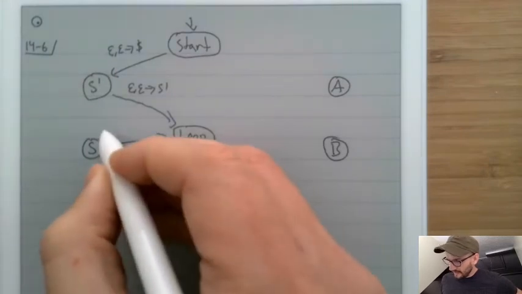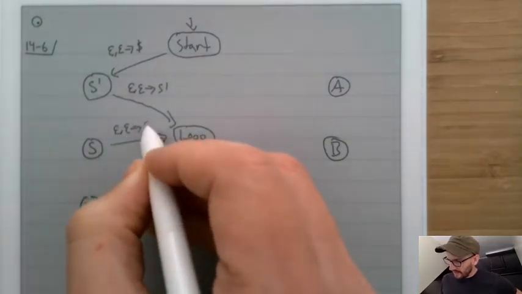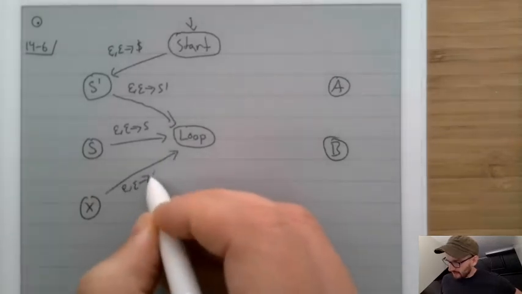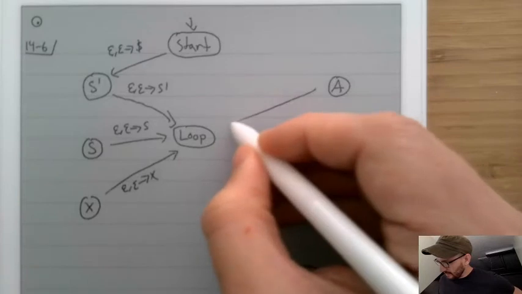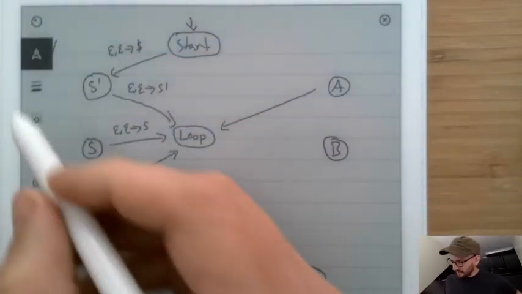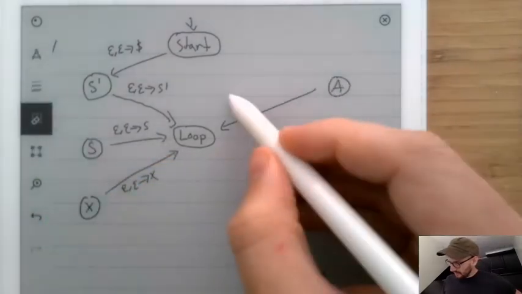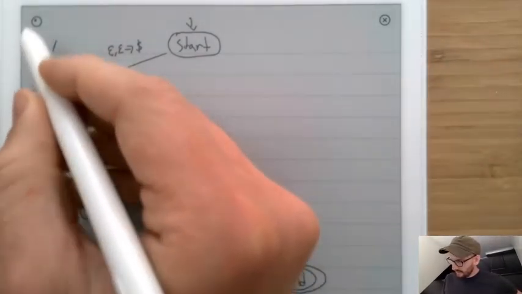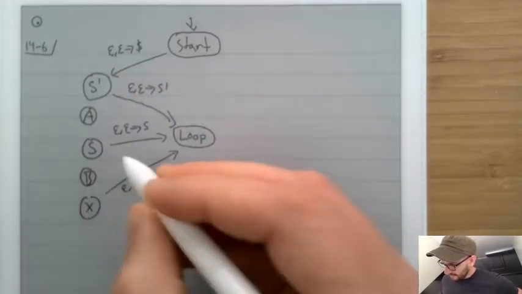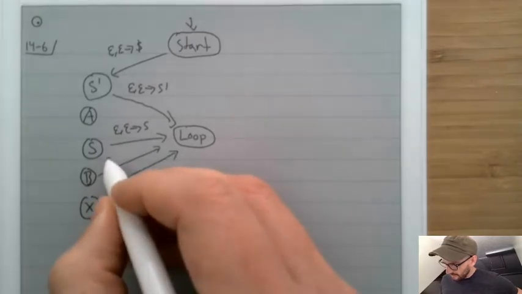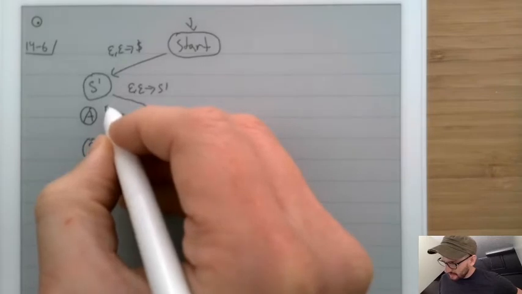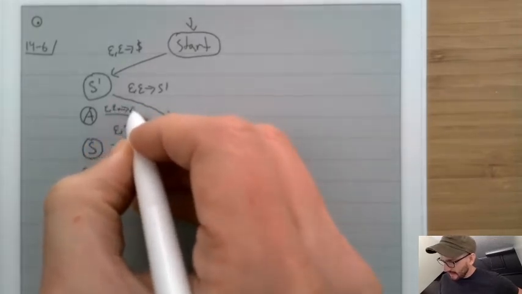And there's a rule that says epsilon, epsilon, arrow, S, and epsilon, epsilon, arrow, X. And over here, actually, that's kind of annoying. Let's erase these ones and move them over to here. So we'll put A here and B here. Okay, so this one is going to say epsilon, epsilon, arrow, B, and this one will say epsilon, epsilon, arrow, A.